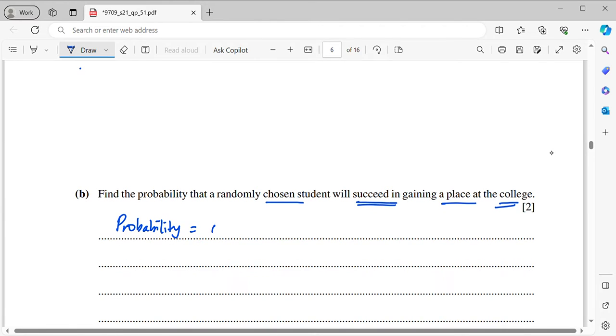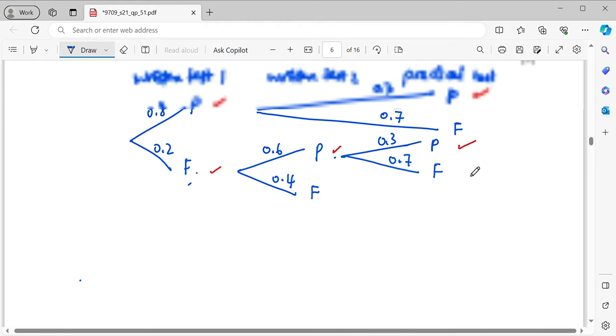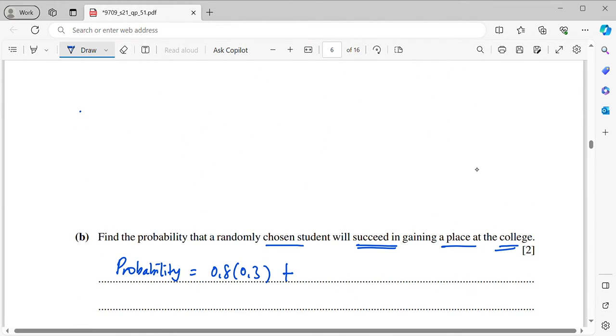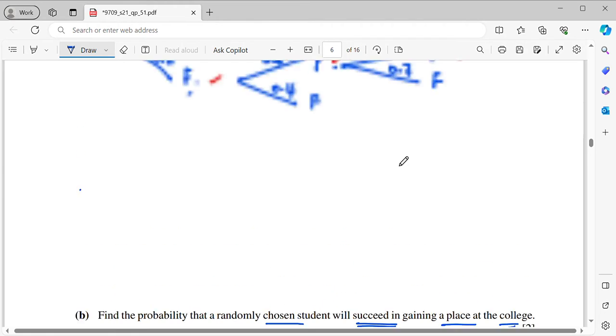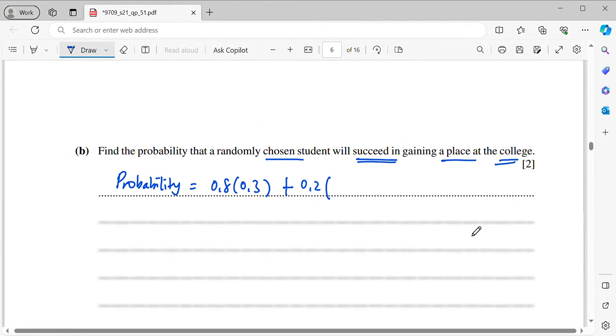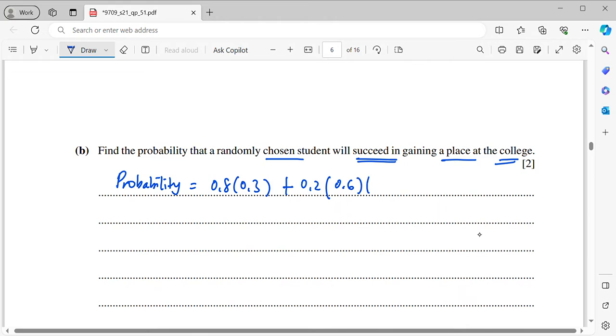So it will be 0.8 times 0.3, plus fail the first written test, which is 0.2, and then pass the second written test, which is 0.4, and then at last pass the practical test. So the first calculation will be 0.24, and the next calculation is going to be 0.036. So at last you will be getting 0.276. So this is the working for part B.